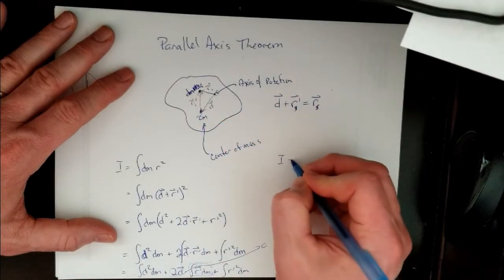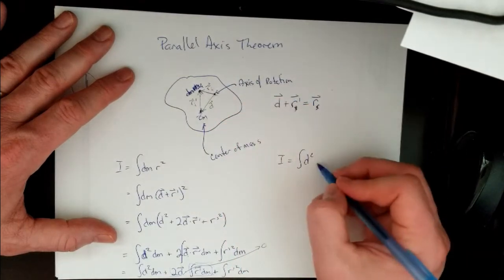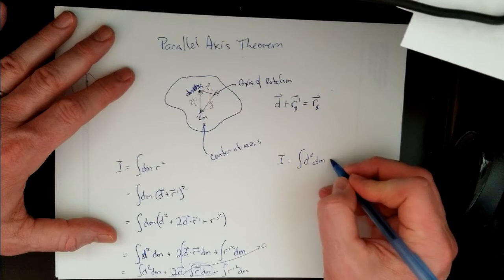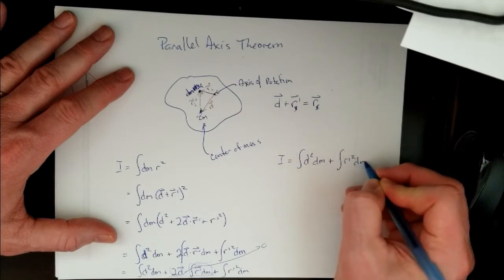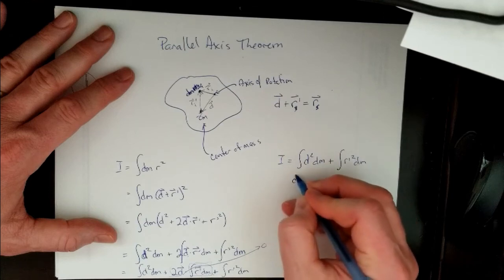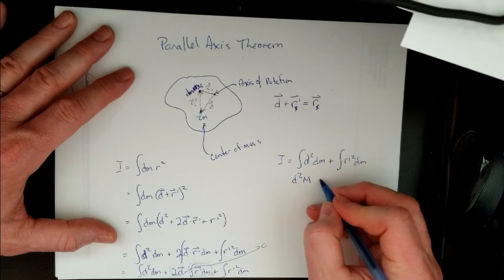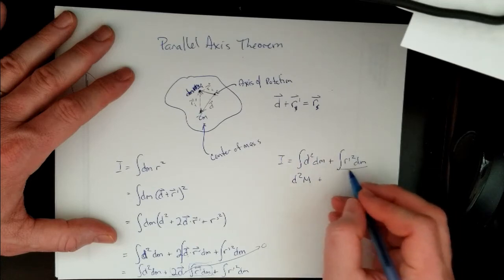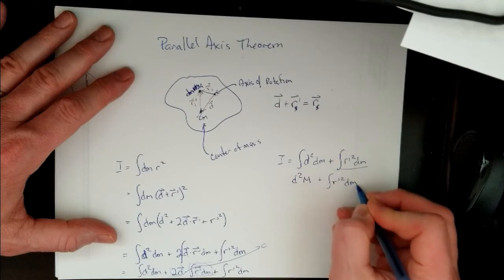So my moment of inertia simplifies to d squared times the integral of dm, plus the integral of r prime squared dm. Now d squared is a constant, so this becomes d squared times the mass of the blob, plus the integral of r prime squared dm.